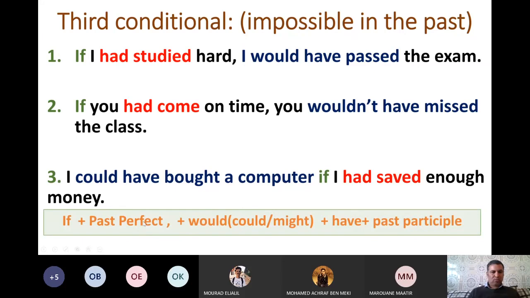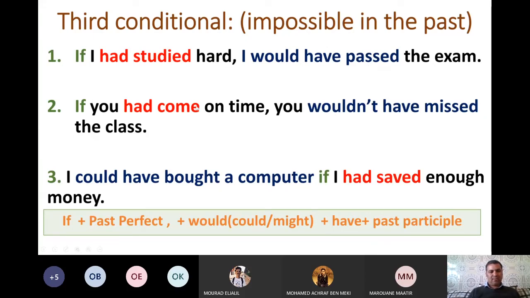So this is the form of the third conditional. If plus subject, plus verb in the past perfect, plus would or could or might, plus have, plus past participle. Like in the first example, if I had studied, this is past perfect. Would have passed, passed is the past participle.